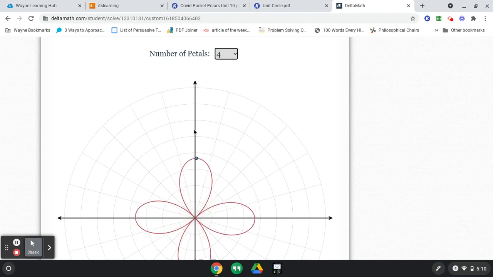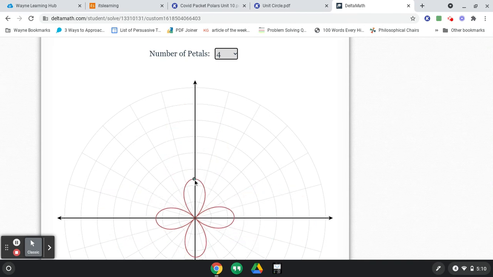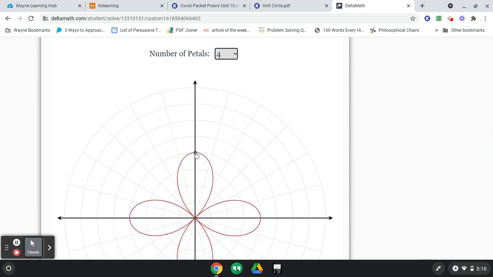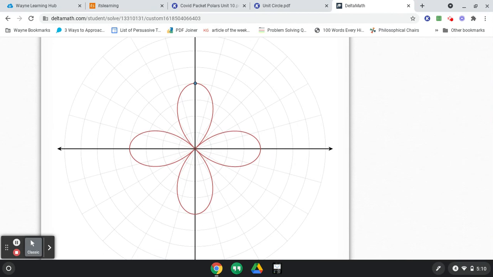So pi over 2 is up here at the top, right? Pi over 2 is up here. So we're going to take our dot out to 4. So think about taking it 1, 2, 3, 4 steps in the direction of pi over 2, just like we would plot a point. You end up with something right there. Pi over 2 up towards the top, 4 spaces out, that's where your dot goes.